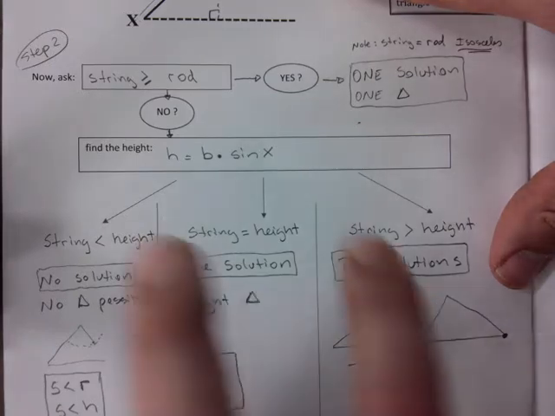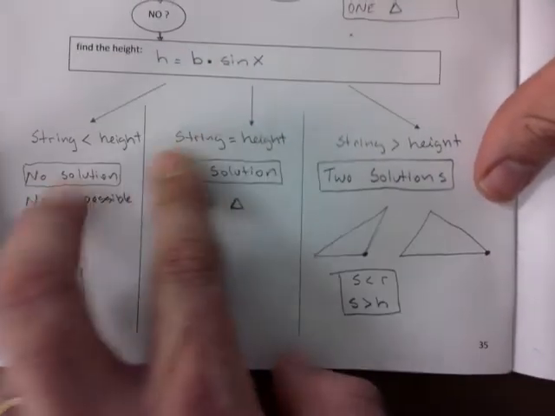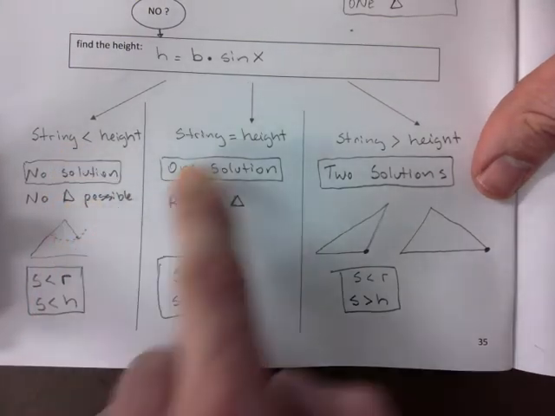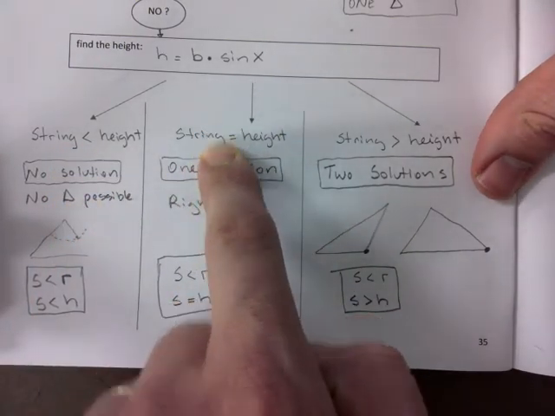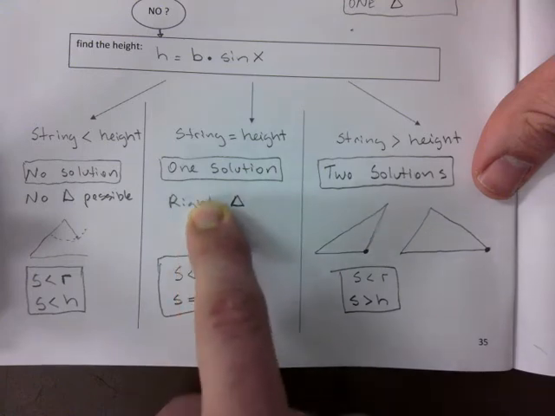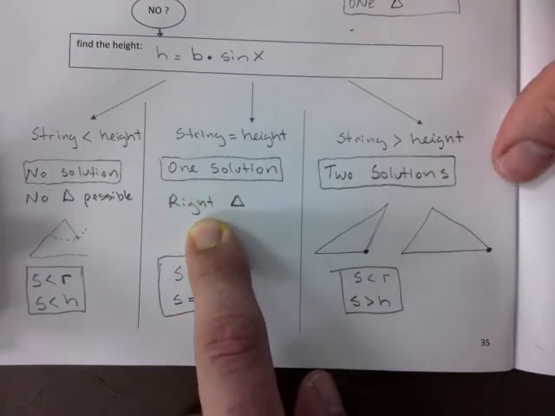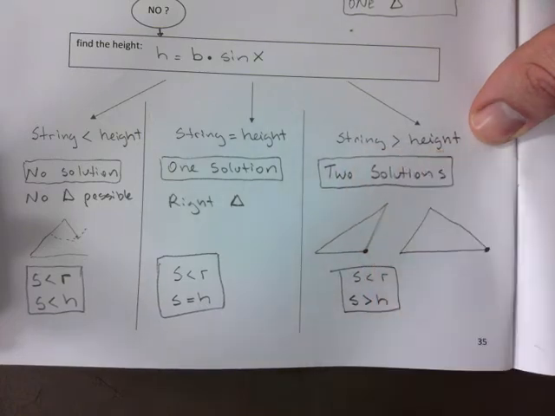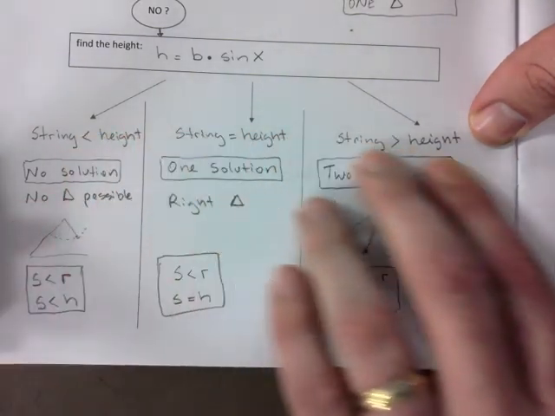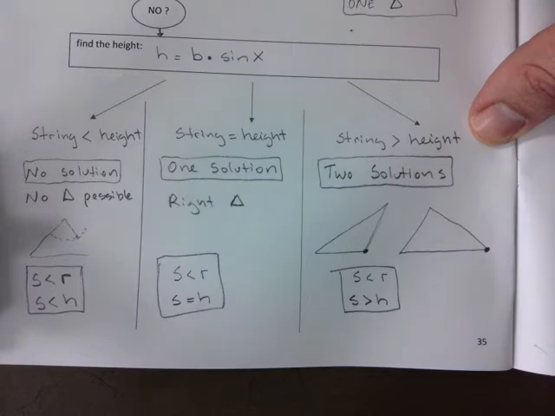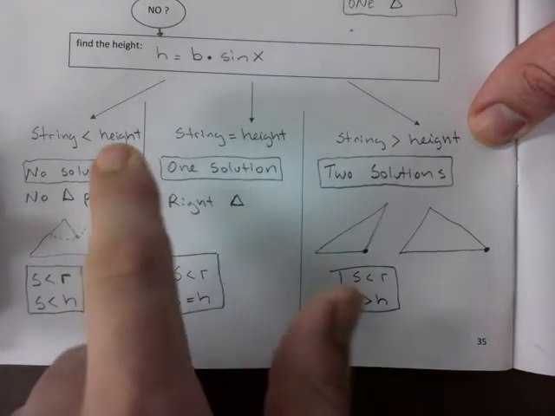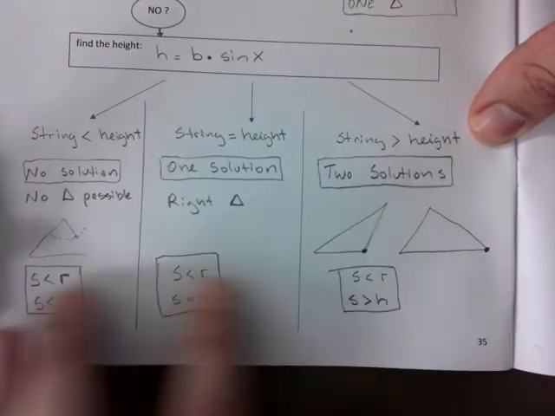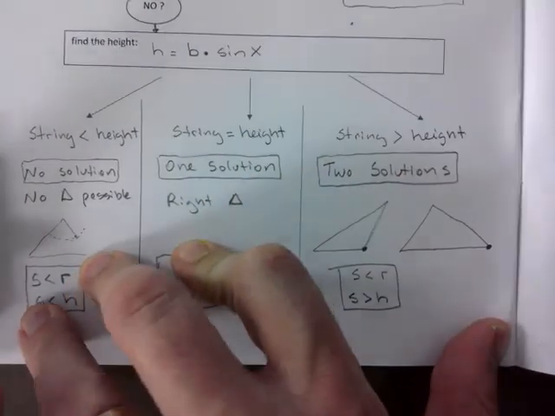You can't have it both ways. Either the string is shorter, you can't have a triangle; the string is exactly the same as the height, one possible solution, which is a right triangle; or two solutions when the string is greater than the height. So notice that down here, the rod doesn't come into play anymore. That's already done. It's all string and height to determine how many possible solutions there are.